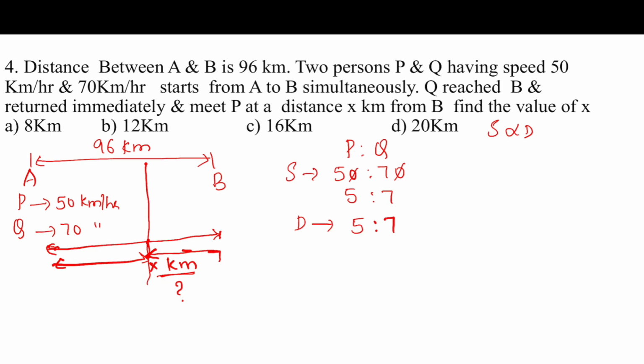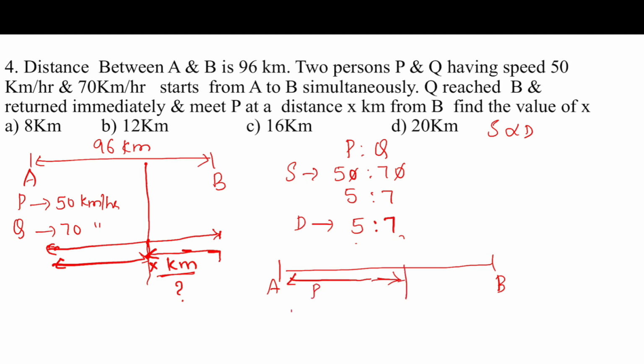Now, if P covers 5 parts, then Q will cover 7 parts, isn't it? So if this is A and B, and P and Q are starting simultaneously, P has covered 5 parts. So this is the distance covered by P, isn't it?